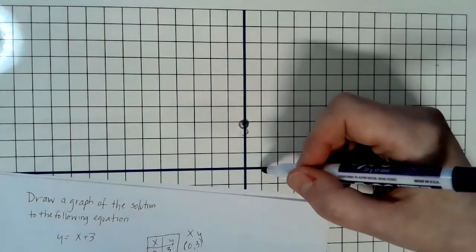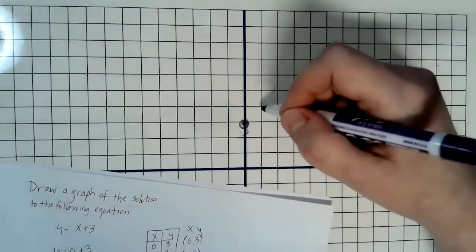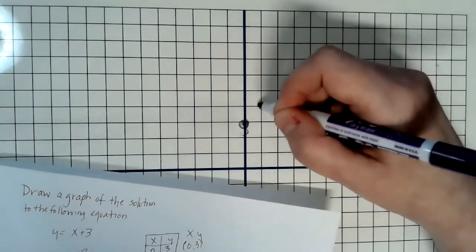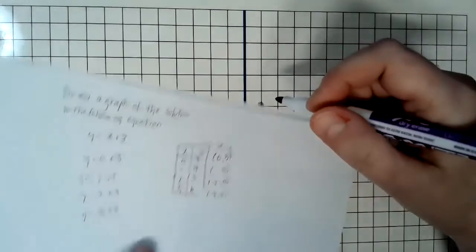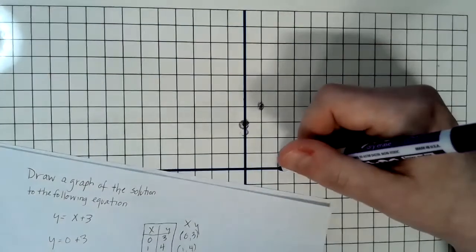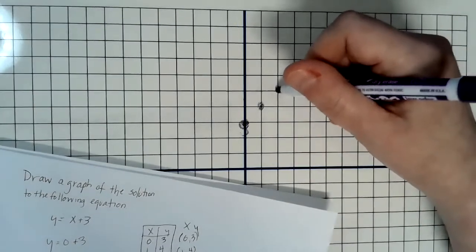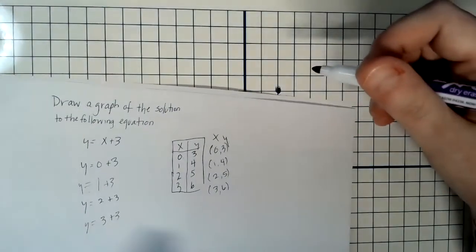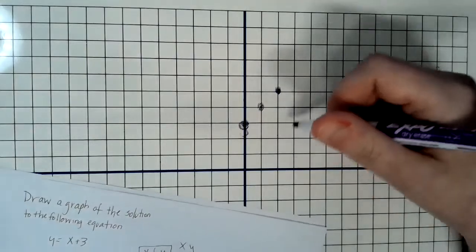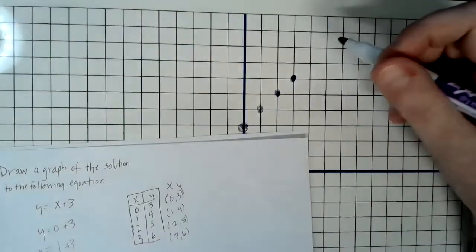So we're going to go out to 1 on x, up 4 on y. Our third one is 2 and 5. Go over to 2 on x, up to 5. And lastly, 3 and 6. Over 3, up 6.